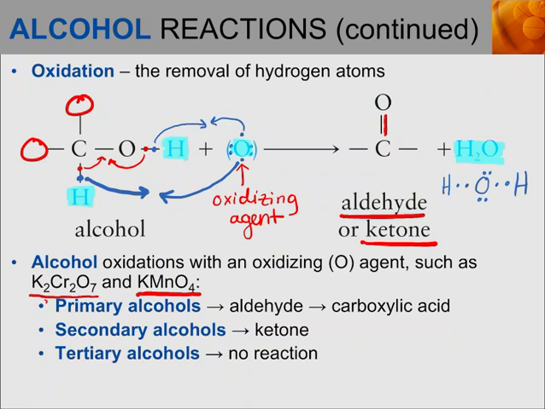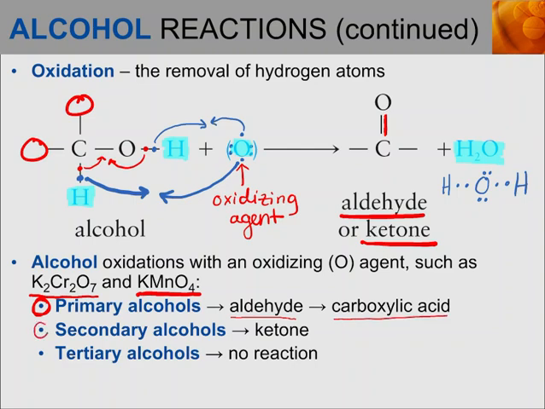So if you have a primary alcohol and you oxidize it, that's going to first produce an aldehyde as an intermediate. But if you're using a really strong oxidizing agent like potassium dichromate or potassium permanganate, then that's just going to further oxidize into a carboxylic acid.